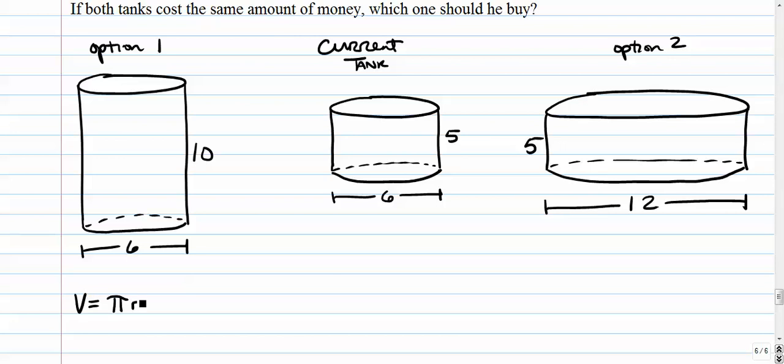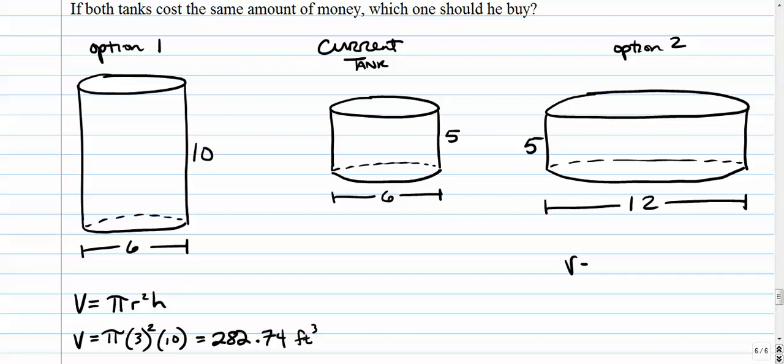So I'm just going to go pi r squared times height. That comes out to be, the radius is not 6, but it's 3. 3 squared times 10. So that comes out to be 282.74. And that would be cubic feet.